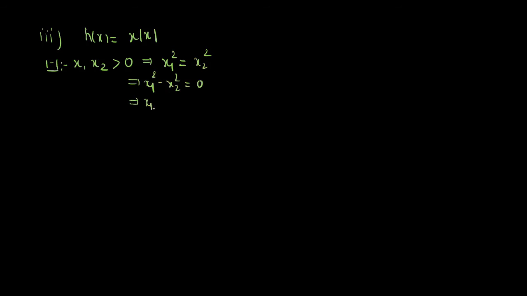That means (x1 minus x2) into (x1 plus x2) is equal to 0. But we know that if x1 and x2 both are positive, this value can never be 0. That means x1 minus x2 is equal to 0, that is x1 is equal to x2. That means for these two numbers, the function will be one-one.